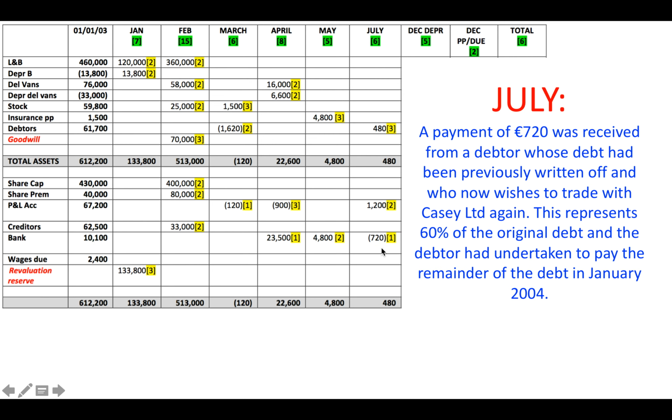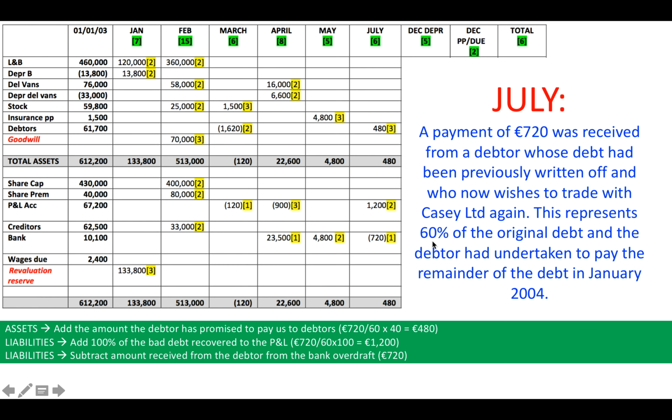So that is 720. Now, that is 60% of the debt that the debtor had owed us. So what is the other 40% that they have promised to pay us? Well, that would be 720 divided by 60 multiplied by 40. That is 480 being added back in to the debtor account.